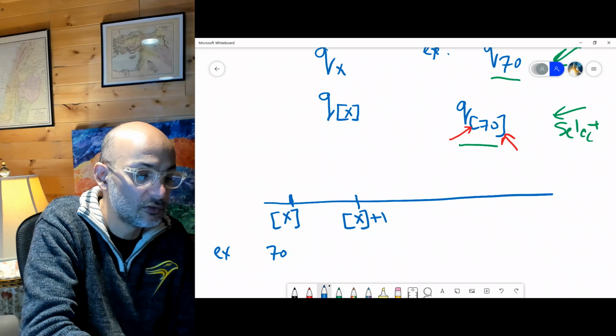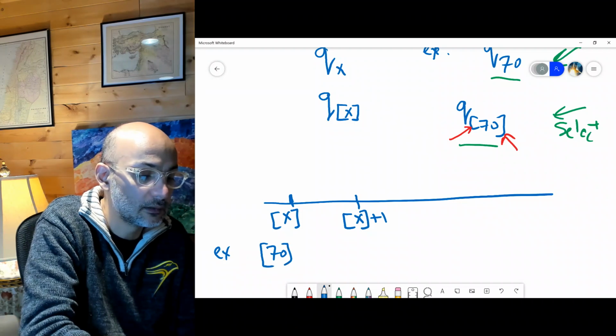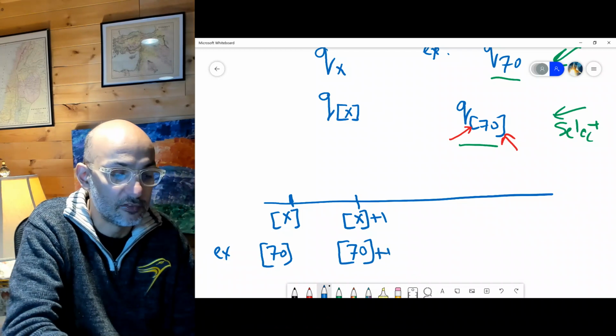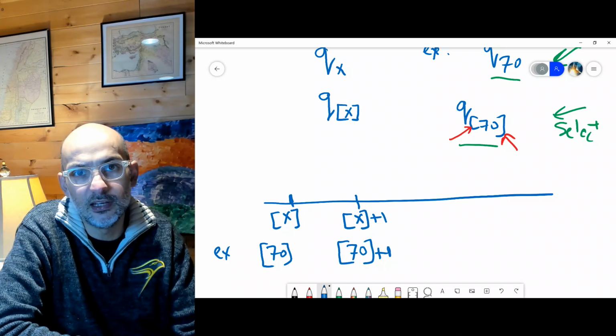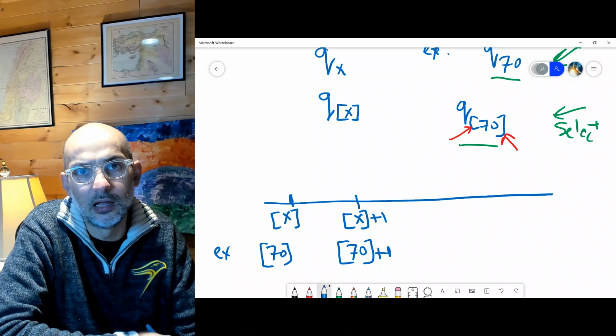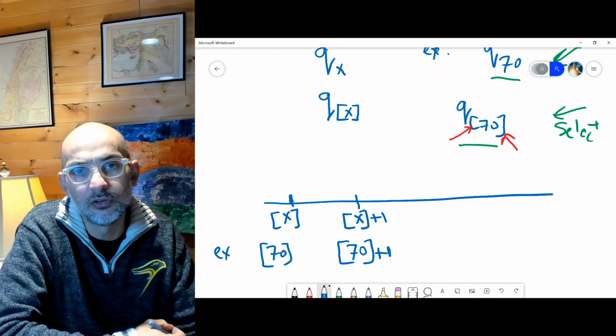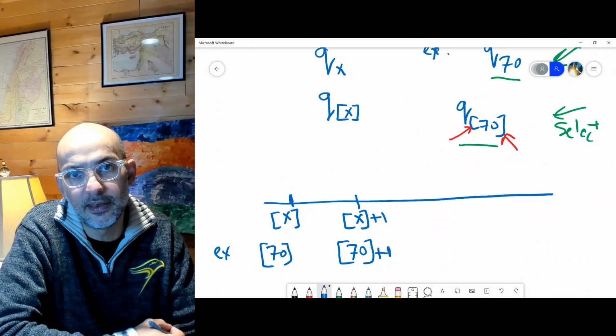We continue to write it as 70 plus 1. Yes, 70 plus 1 is 71, but we don't write 71. We keep the 70 in the brackets because the practitioner, when reading it, understands that the individual was issued the insurance at age 70 and now the age is 71.